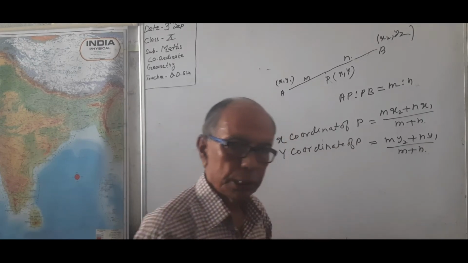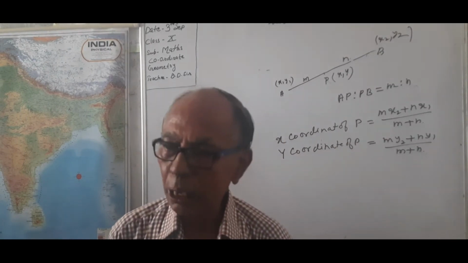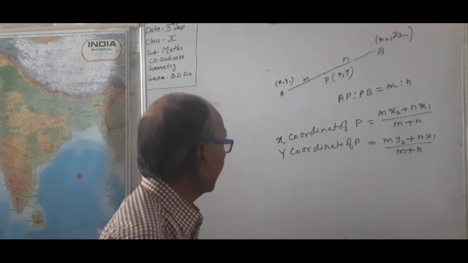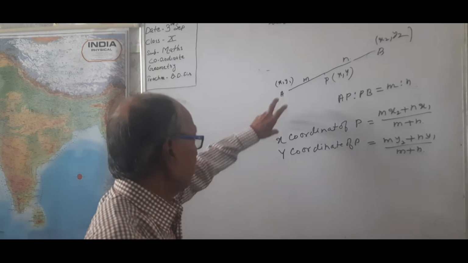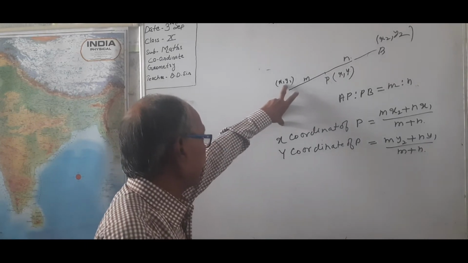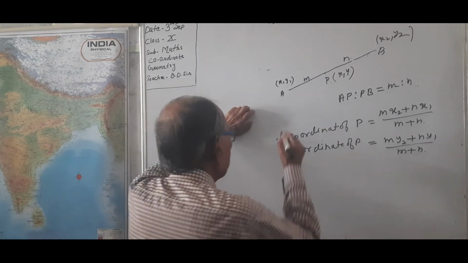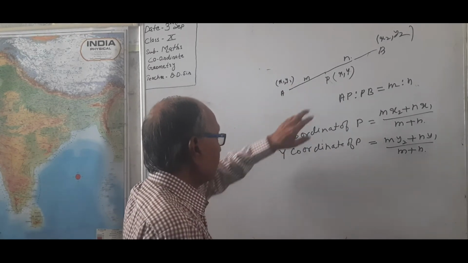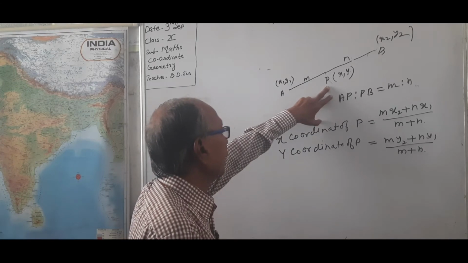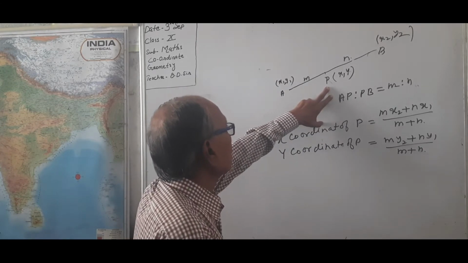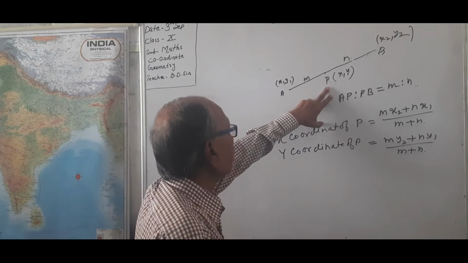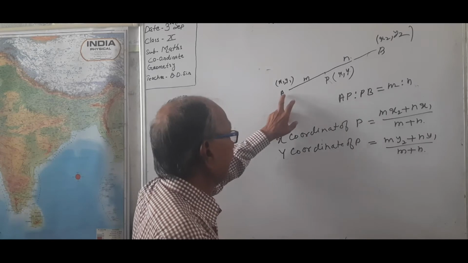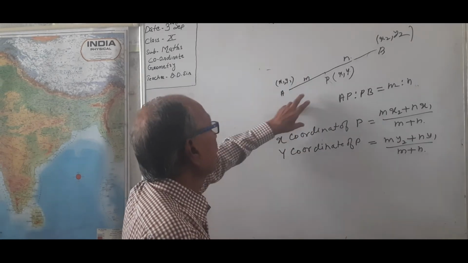So we must remember the formula. I mean to say, if there is a line AB whose coordinates are given, coordinate of A is x1 y1 and coordinate of B is x2 y2, and there is a point P in the line anywhere, now we have to find the coordinate of the point P that divides the line AB in the ratio m is to n.